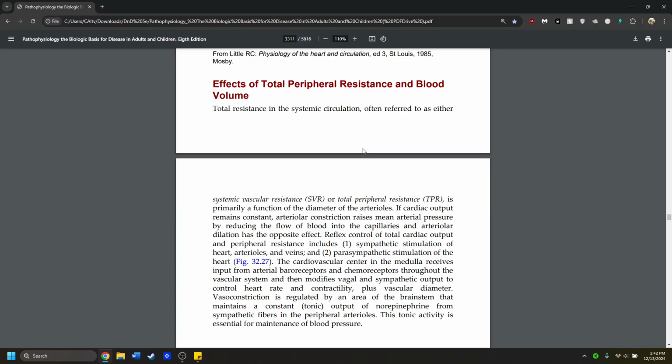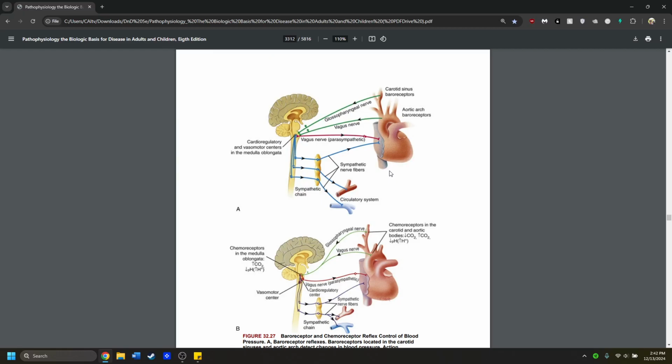Plus vascular diameter. Vasoconstriction is regulated by an area of the brainstem that maintains a constant output of norepinephrine from sympathetic fibers in the peripheral arterioles. This tonic activity is essential for maintenance of blood pressure.